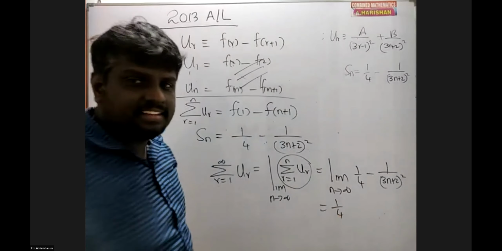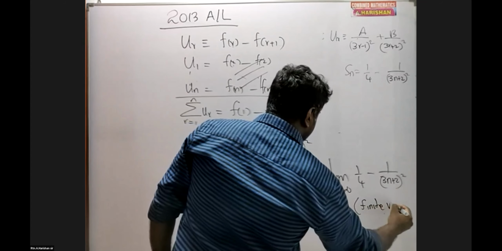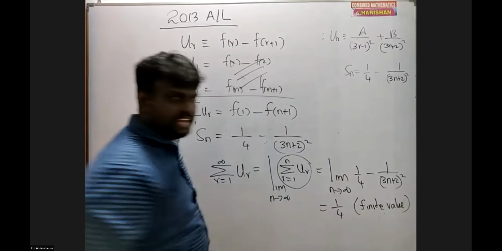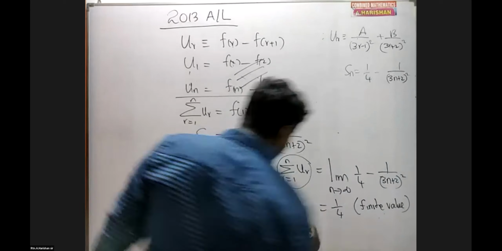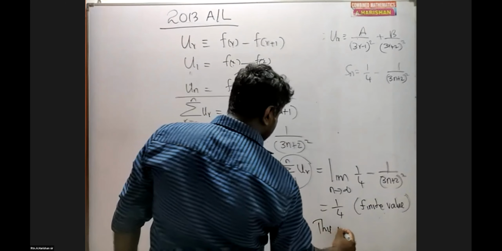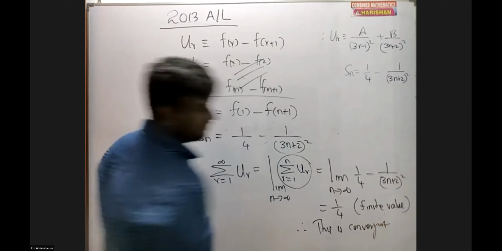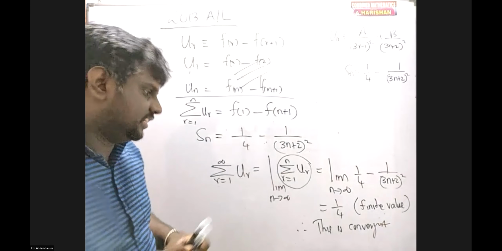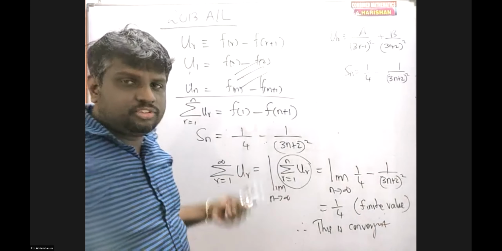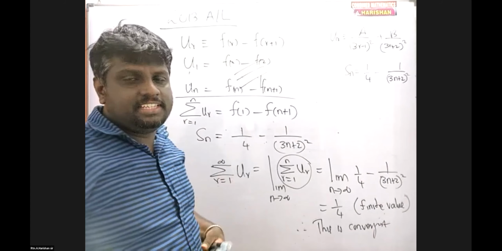Don't write it like this; write 1/4 inside the bracket, finite value. Finite value. Then this is convergent. Because of that, this is convergent. Do you understand now? This is the way to answer the convergent and divergent question.